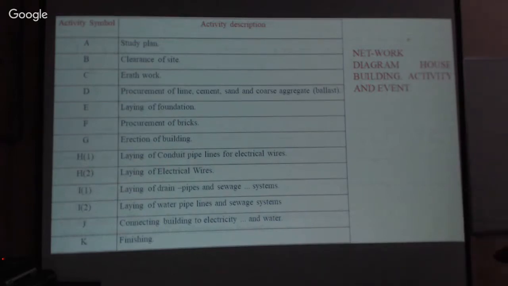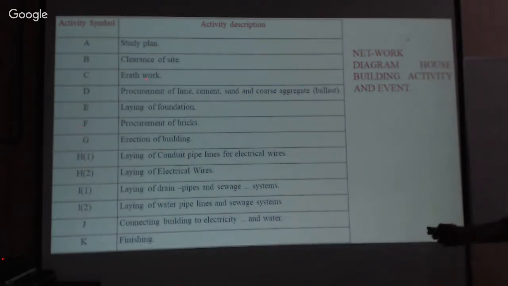These are the activities, that is the plan: clearance of site, earthwork, procurement of materials, laying of foundation, procurement of bricks, erection of building, laying of conduit pipelines for electrical wires, laying of electrical wires, laying of drain pipes and sewage systems, laying of water pipelines, connecting the building to electricity and water, and finishing. So these are the various elements in the construction of a building.